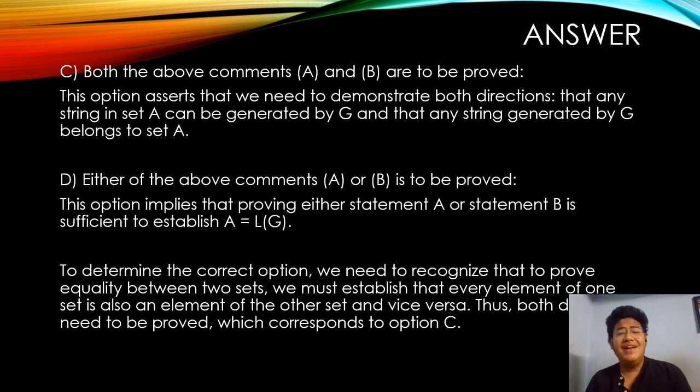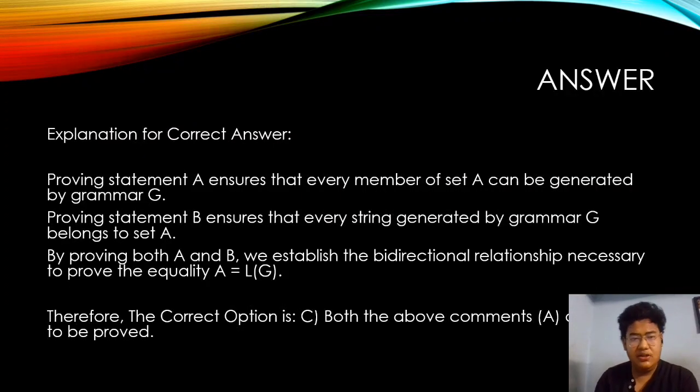This option implies that proving either statement A or statement B is sufficient to establish A equals L of G. To determine the correct option, we need to recognize that to establish equality between two sets, we must establish that every element of one set is also an element of the other set, and vice versa. Thus, both need to be proved, which corresponds to option C.